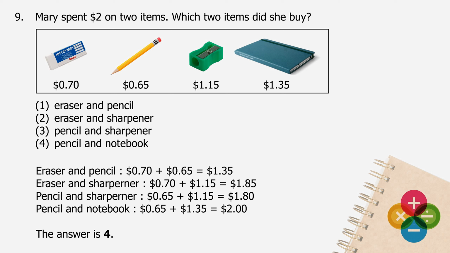The cost of eraser and sharpener will be add 70 cents to $1.15, and the sum is $1.85. The cost of pencil and sharpener will be add 65 cents to $1.15, and the sum is $1.80. The cost of pencil and notebook will be add 65 cents to $1.35, and the sum is $2. The answer is 4.